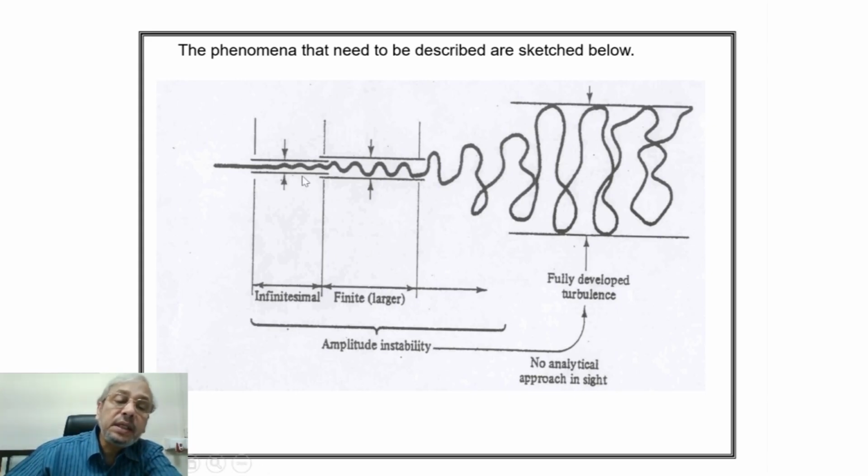So one can see infinitesimally small fluctuations, those are growing, and now you can see fully developed turbulence. So how does it grow? This is very difficult to analyze.